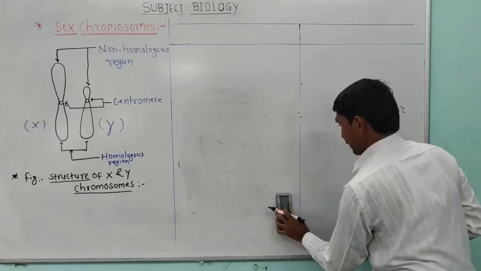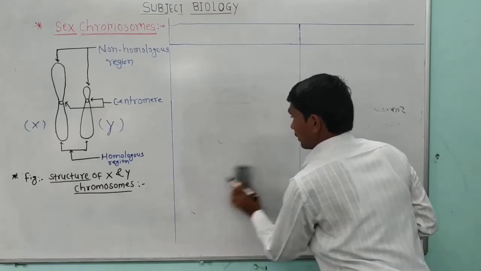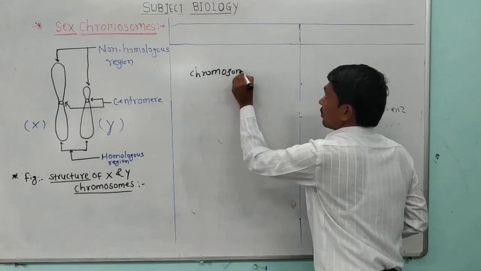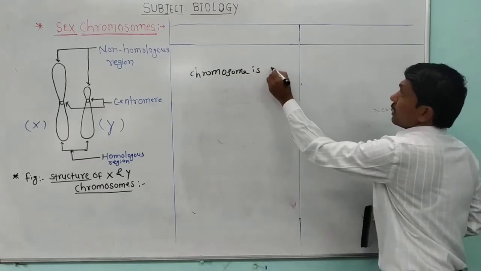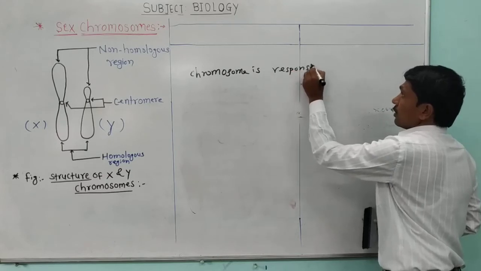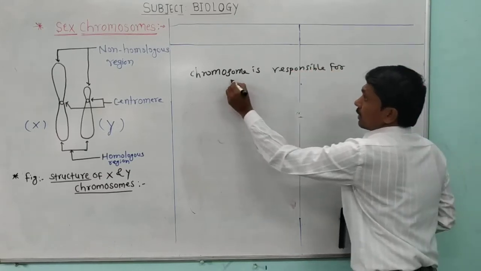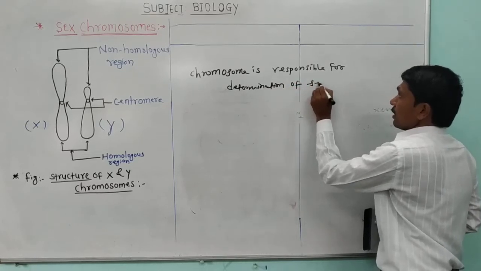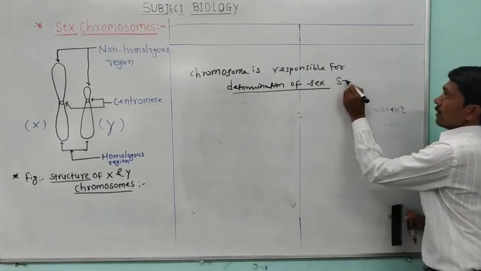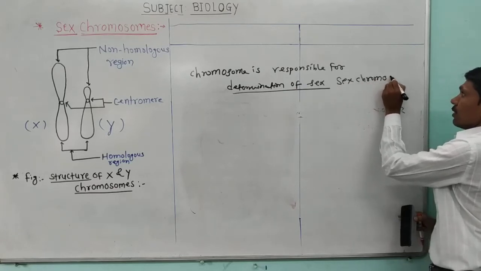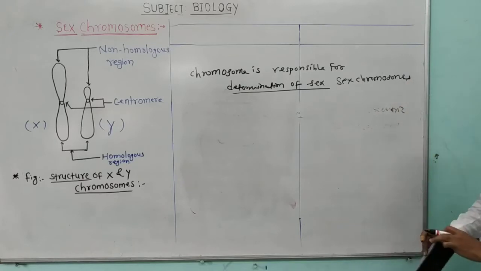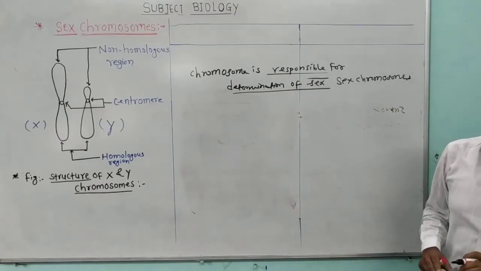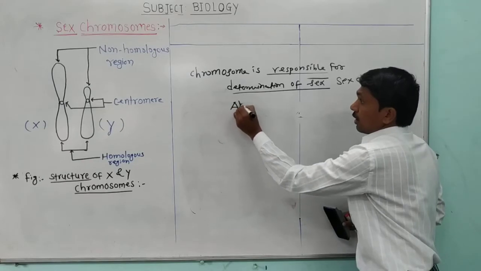First point: the chromosome which is responsible for determination of sex is called the sex chromosome. Sex chromosomes are also called allosomes.